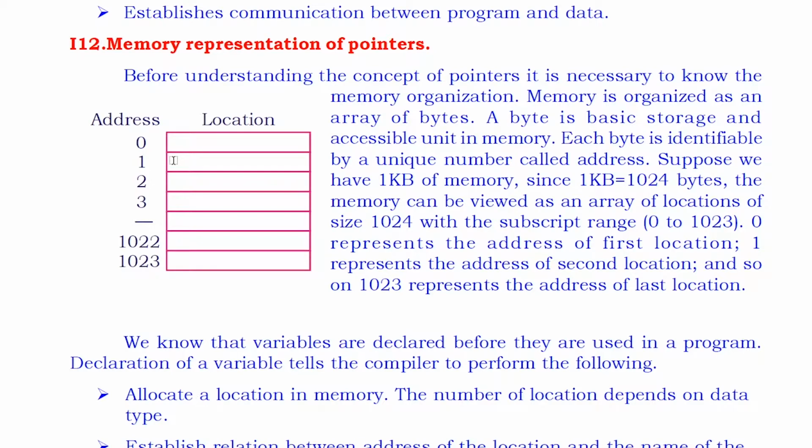Now, a byte is made up of bits: a group of 8 bits makes 1 byte. 1 KB is 1024 bytes. That is, the memory can be viewed as an array of memory locations of size 1024 with the subscript starting from 0 to 1023.